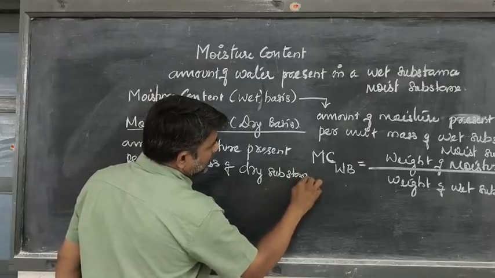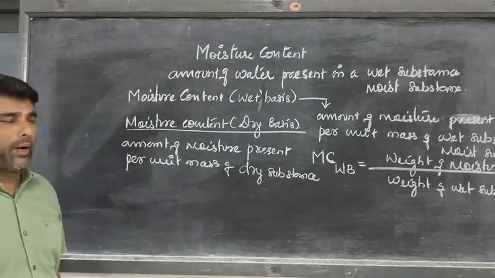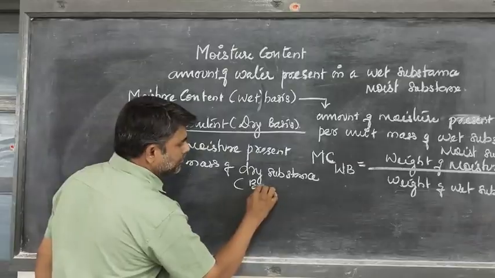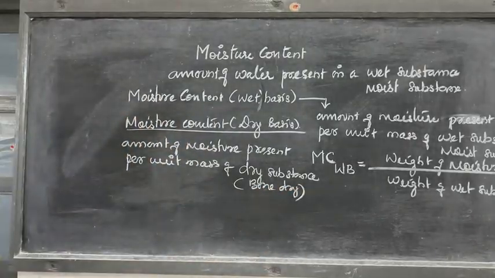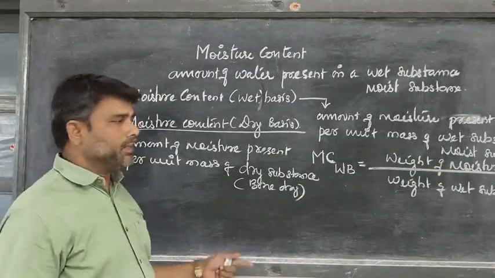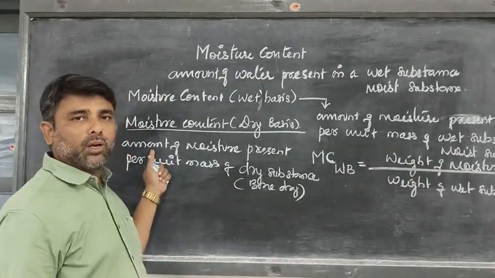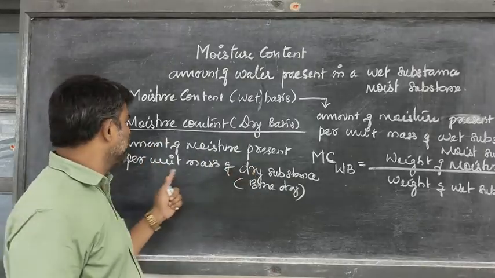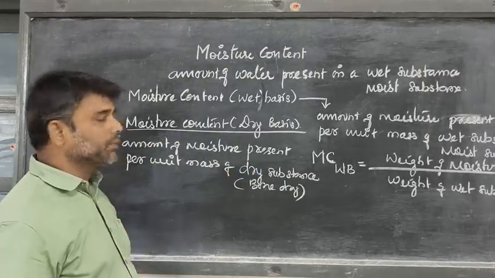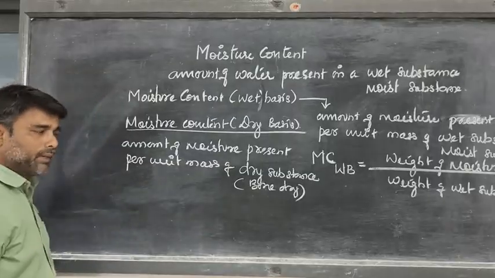Dry substance is usually called as bone dry. Clear? So moisture content on dry basis is defined as the amount of moisture present per unit mass of dry substance or bone dry substance.